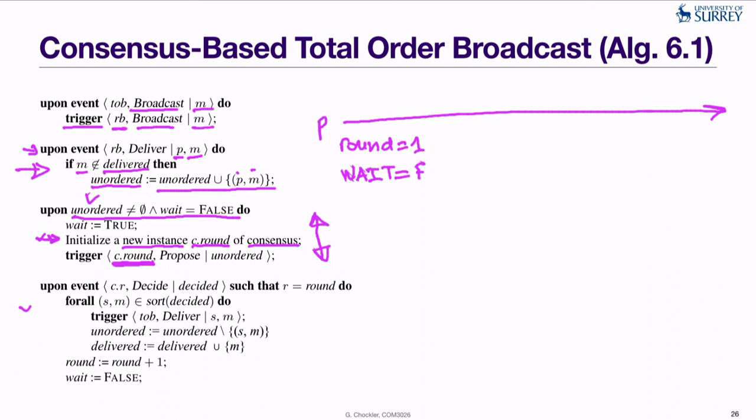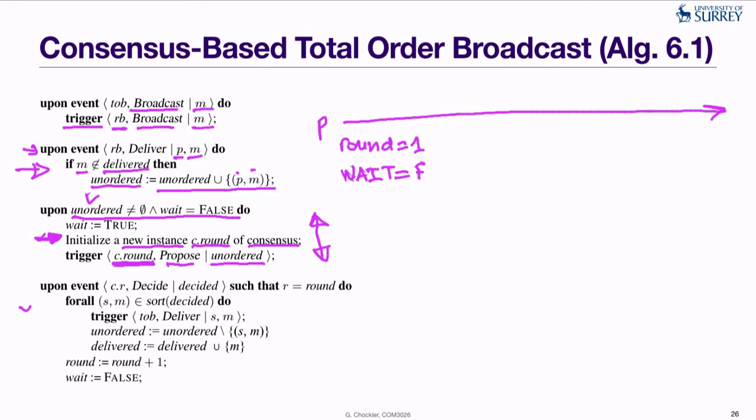In Elixir terms, you can imagine that what happens at this line is that we call start for the consensus module. And once the consensus layer is activated, we trigger a propose event on this consensus layer, and we give it unordered as the value.